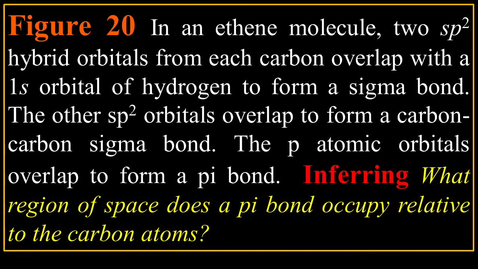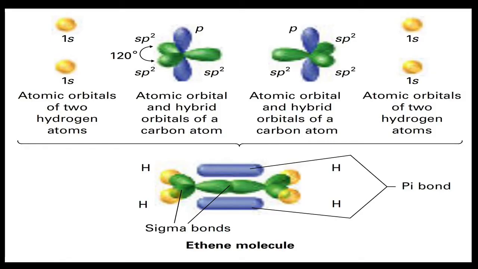Interpreting diagrams: what region of space does a pi bond occupy relative to the carbon atoms? And that's a question. What region of space does a pi bond occupy relative to carbon atoms?